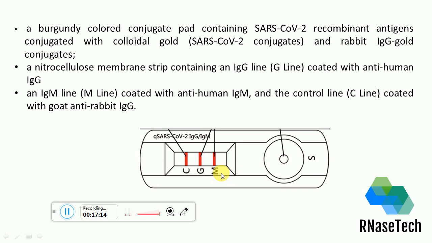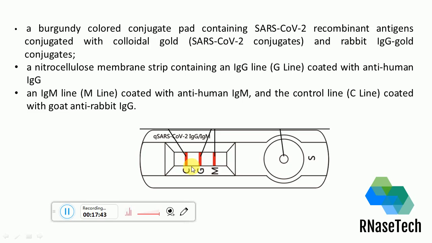After binding, they give a burgundy type of color. Now what is this control line? The control line is composed of goat anti-rabbit IgG. It is there to check whether the strip is okay or not. If the burgundy color is not present at the control line while testing, then the test is not valid. If it is present, then the test is valid.